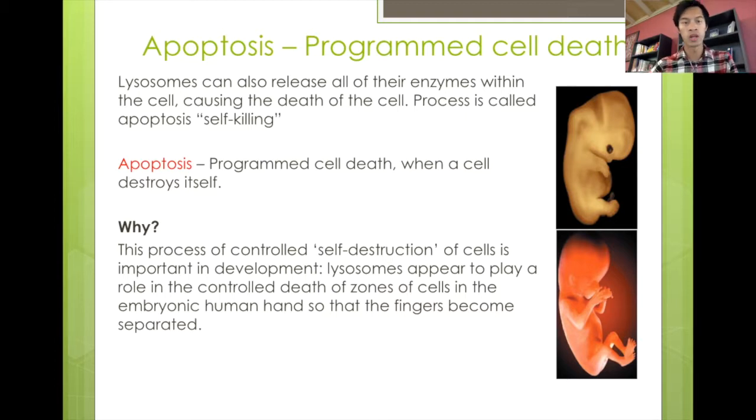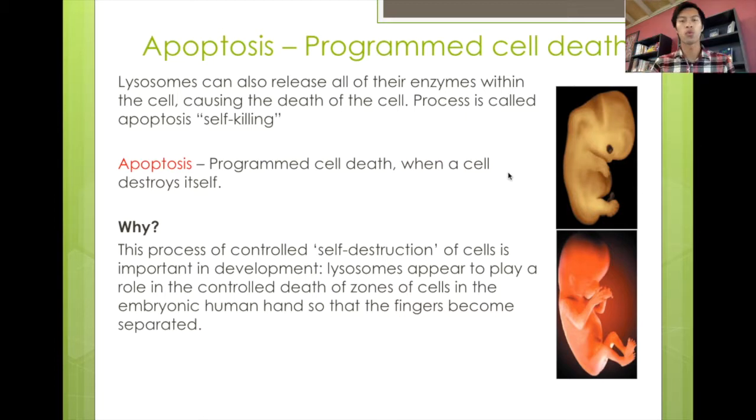Yeah, and so whenever that occurs, the lysosomes will release all of the enzymes that it's holding within that sac into the cell. And so what happens is the enzymes start digesting everything within the cell. And so the process is basically a self-killing method. Yeah, and so apoptosis is known as programmed cell death, and when a cell destroys itself.